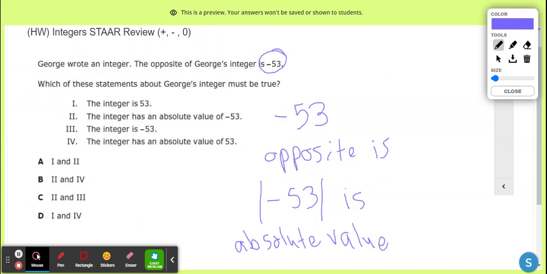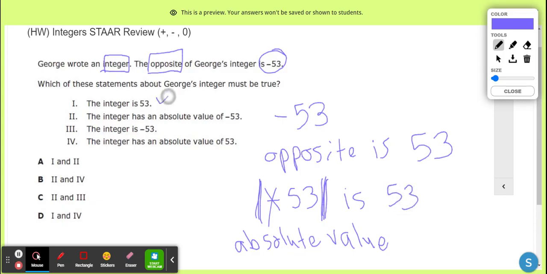George wrote an integer. The opposite of the integer was -53. So -53, the opposite is 53. The absolute value is just the number; these little symbols mean absolute value, so we just take that away, and that is 53.